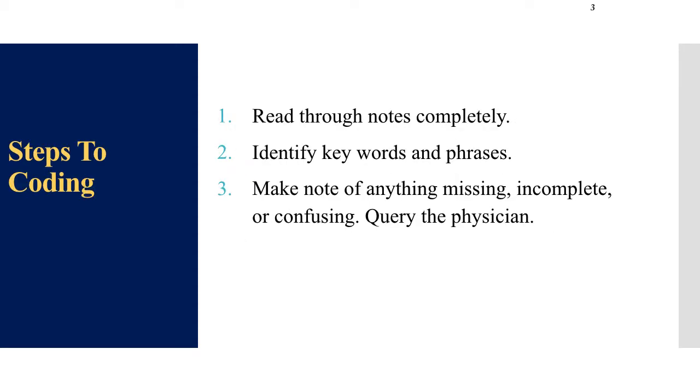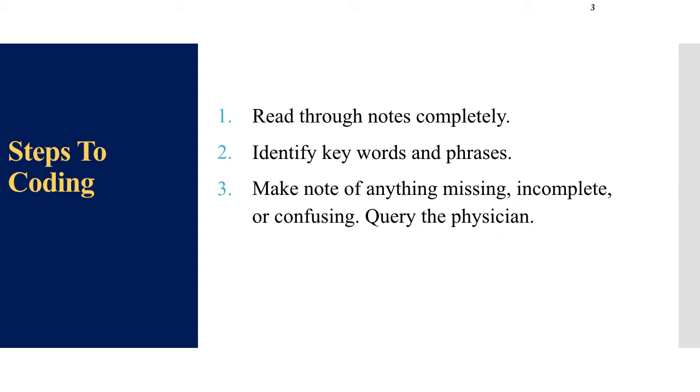Now, as you begin to do the job of coding, or the coding process as we call it, as I just said, you need to read the notes completely, and it's really recommended that you do this twice. The first time you read through the entire encounter notes just to get the full idea of everything that occurred during this encounter.